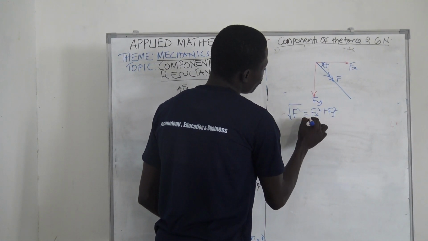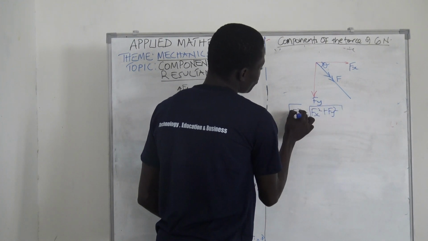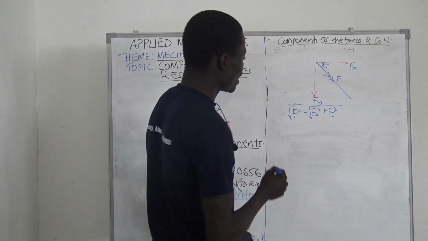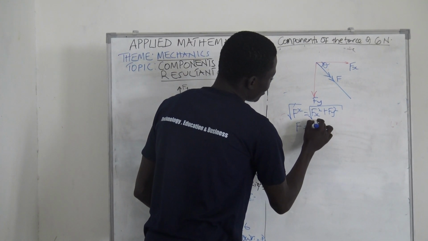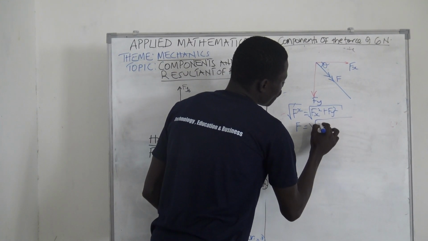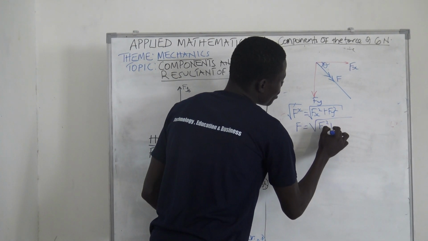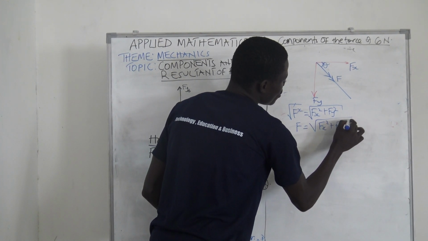Then you take the square root of both sides. This square root will cancel with this one. Then we remain with our force F given by the square root of Fx squared plus Fy squared.